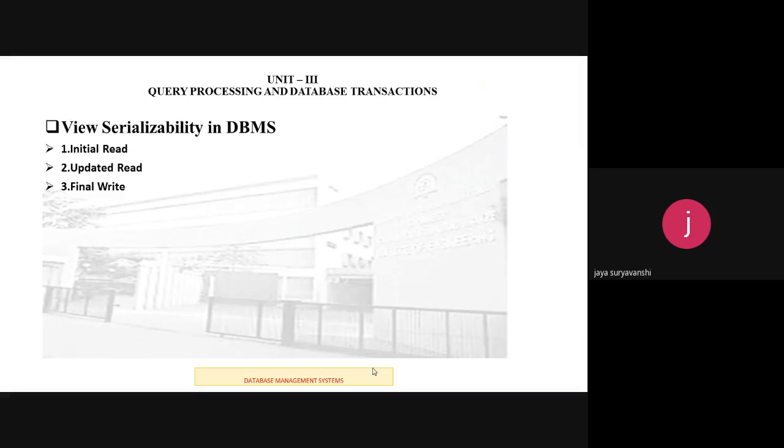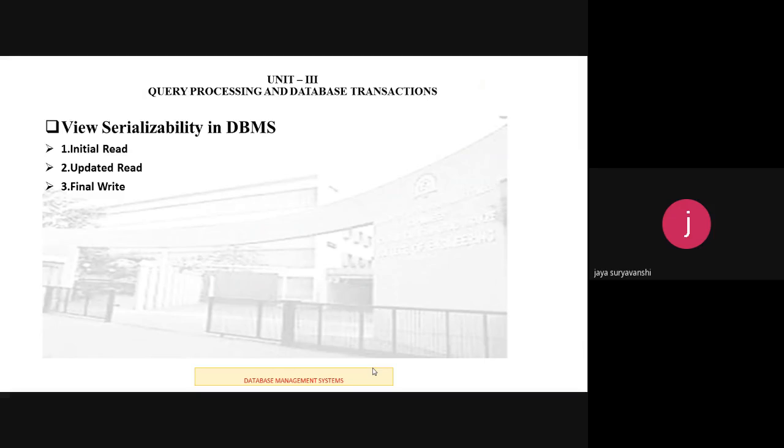Okay, so the two view equivalent schedules S1 and S2 should satisfy the following conditions. The first condition is the initial read. Under this condition, the initial read of both schedules must be by the same transaction.